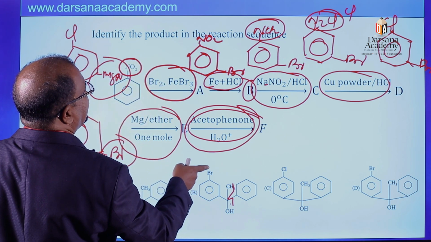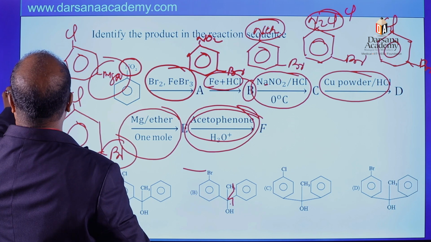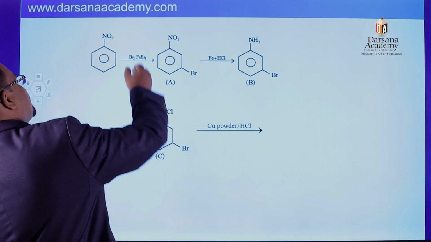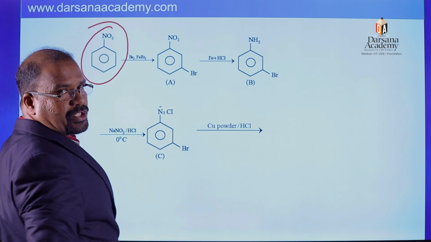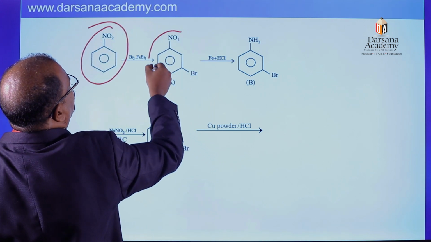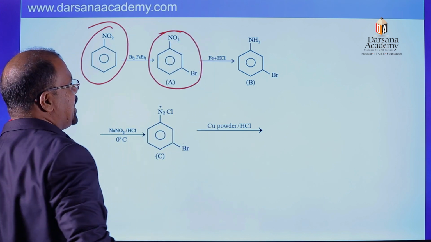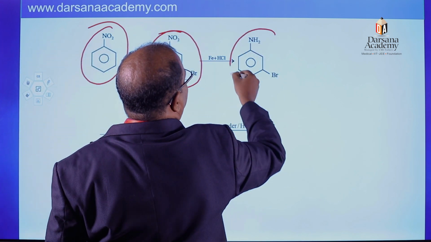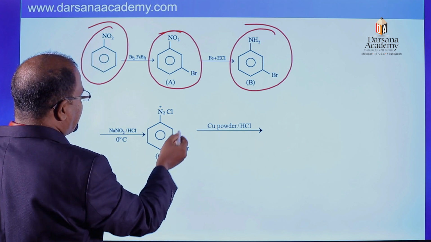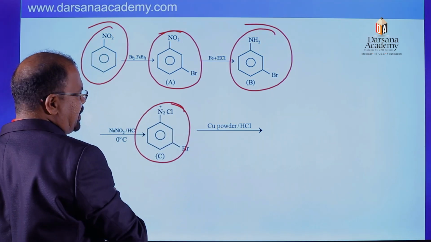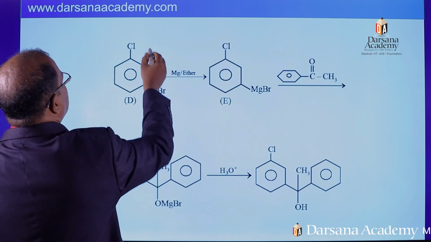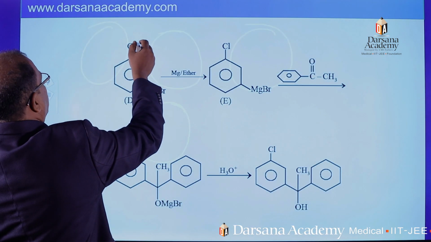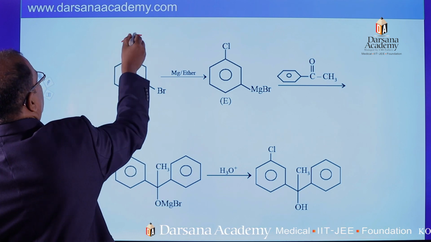So we can go directly to the detailed form of this question. See, this is what happens to the nitro compound: bromination, then reduction, then diazonium chloride, then copper powder. The product is this chloro compound.